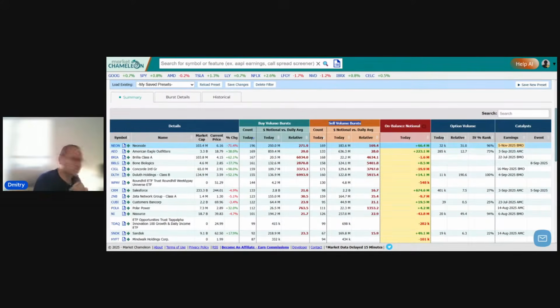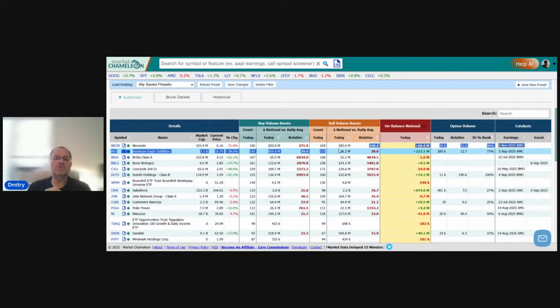On both the buy side and the sell side, you could see that it had $250 million worth of buy bursts and $183.6 million worth of stock in sell bursts.